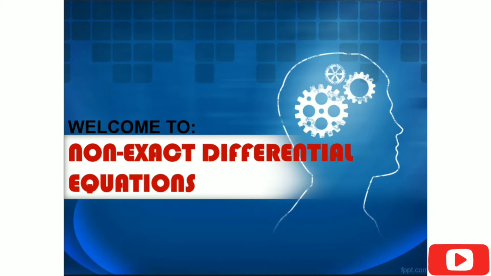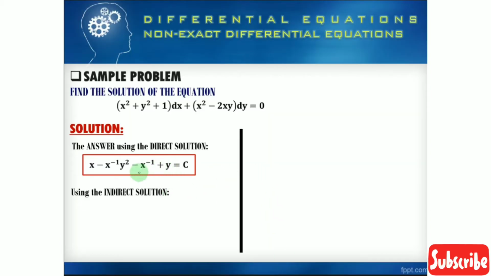Using the direct solution, we have this answer: x minus x raised to the negative 1 y squared minus x raised to the negative 1 plus y is equal to c.